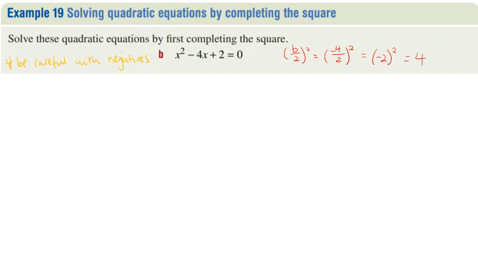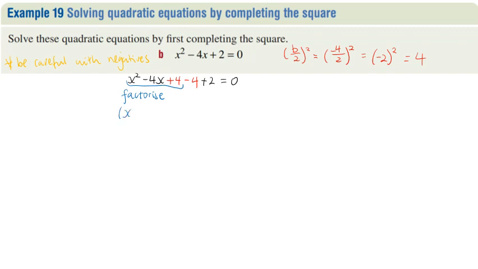So I'm going to add that and take it away in the middle of the expression. x squared minus 4x plus 4 minus 4 plus 2 equals 0. Now to factorize this first part. So I'm looking for two numbers that multiply to give positive 4 but add to give negative 4.